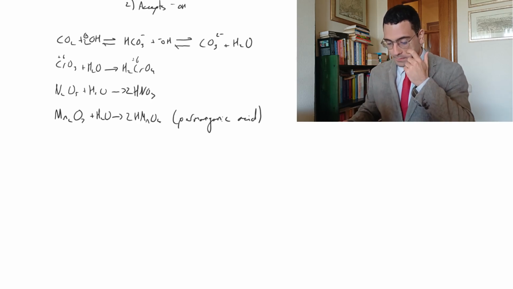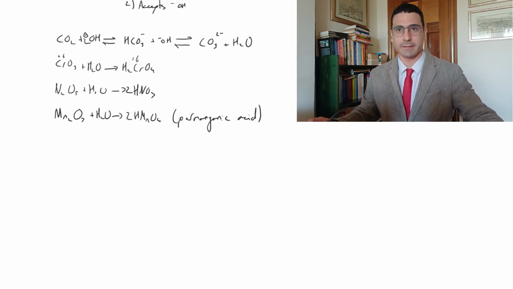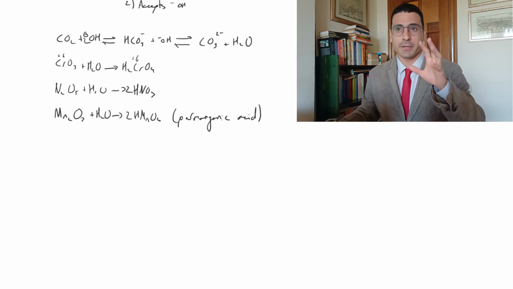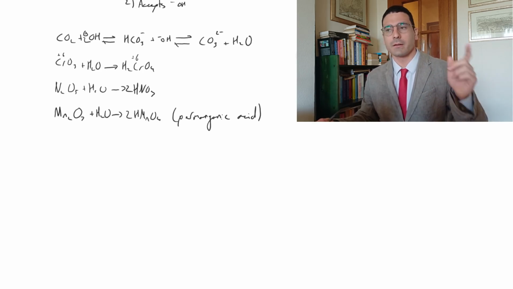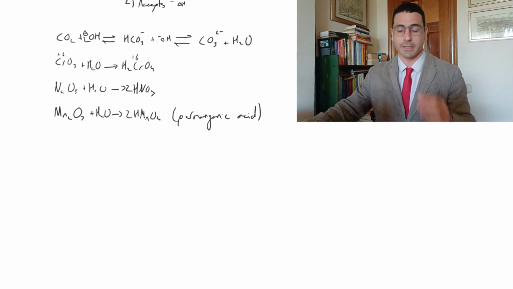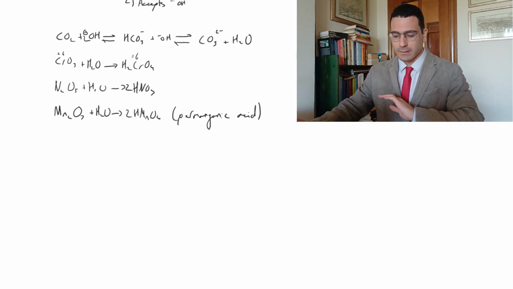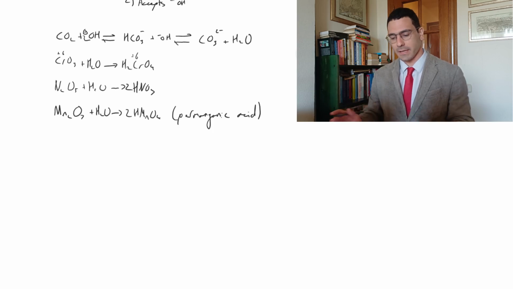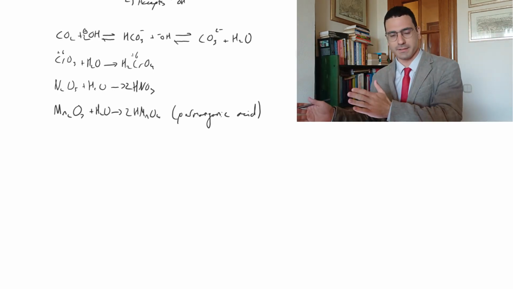Now, dimanganese heptaoxide is a brown reddish oil at room temperature, and when it reacts with sulfuric acid, turns green. You'll see an image on screen now. So again, these are just highlighting examples of oxides which, when they react with water, turn into an acidic solution.